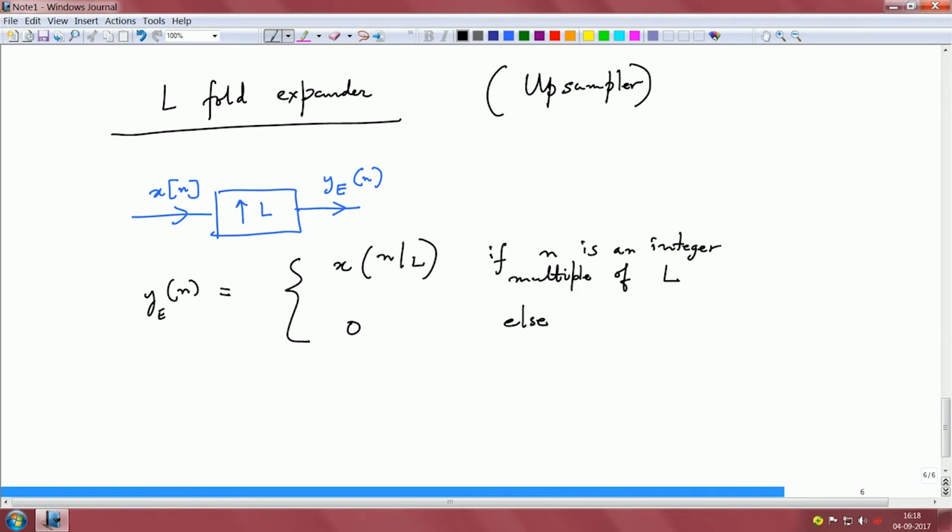So, let us see what is happening with the expansion process. Suppose I give you samples, time index 0, 1, 2, and let us say the values are 1, 2 and 3.